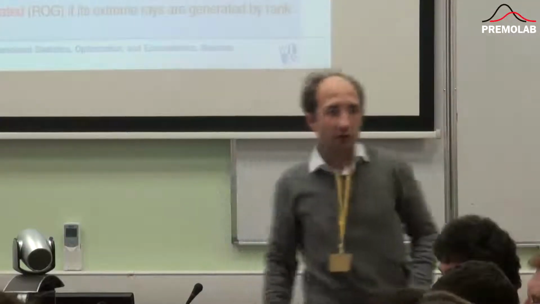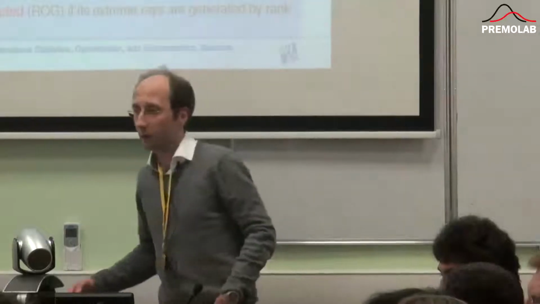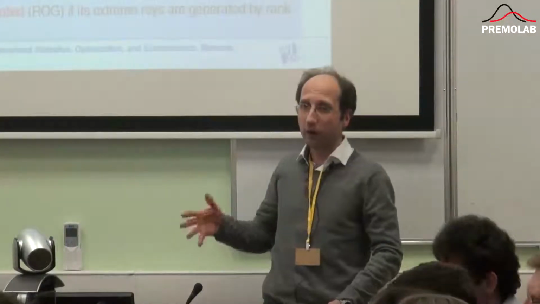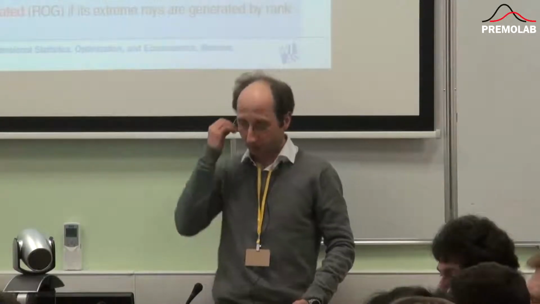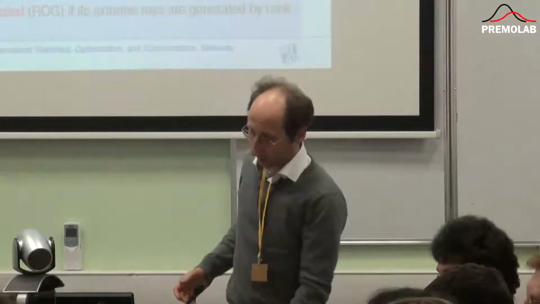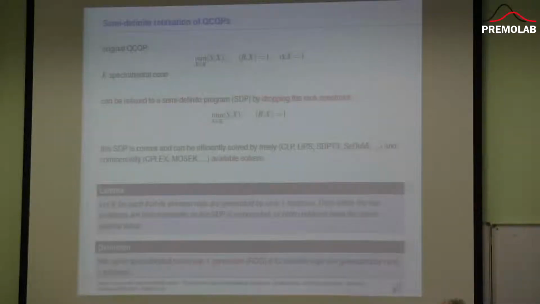And then we can ask under which conditions this relaxation is exact. So when does the relaxation not harm the result of the optimization problem? And an obvious sufficient condition for that is that the extreme rays of these spectrahedral cones are actually rank 1 matrices. So we know if we optimize a linear function over a convex set, then the optimum will be in an extreme point.